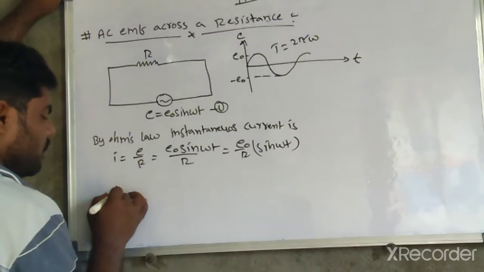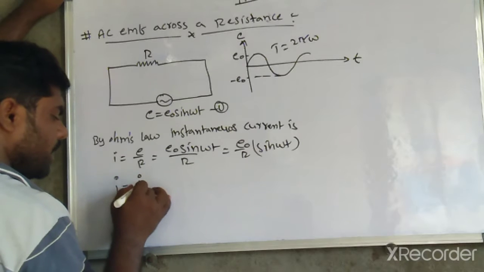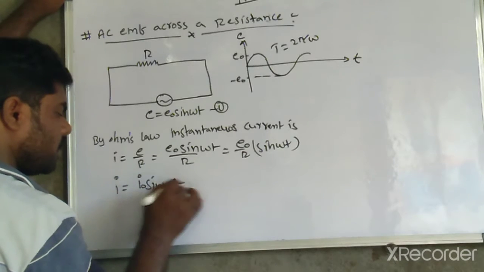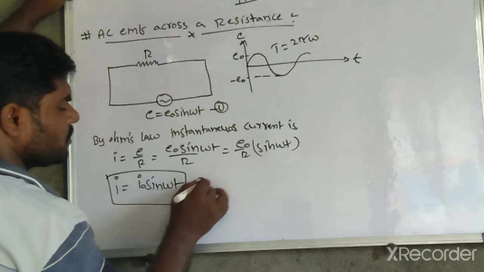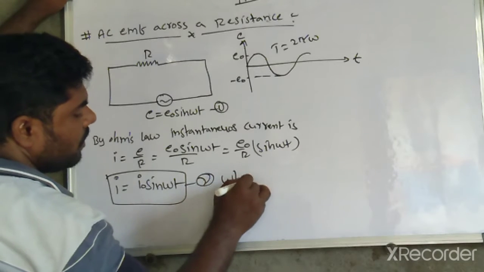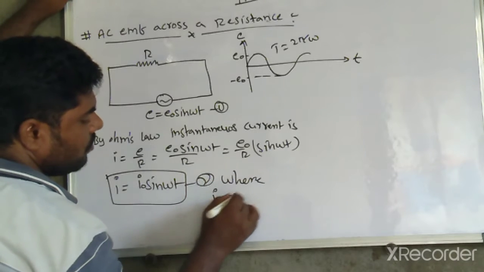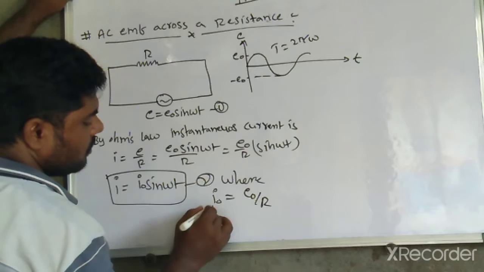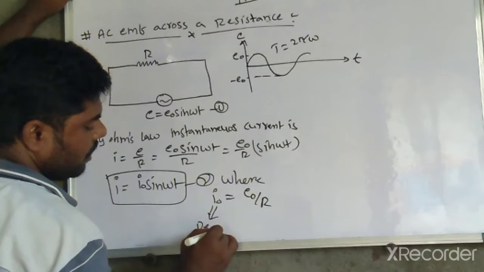I write E naught by R as I naught, so I is equal to I naught into sine omega t. This is equation number 2, where I naught is equal to E naught by R. This I naught is called the peak current.